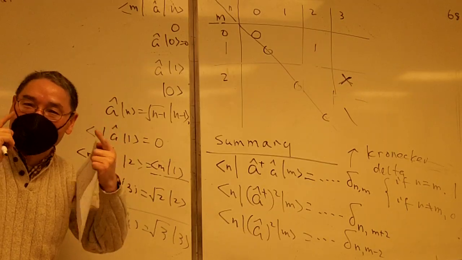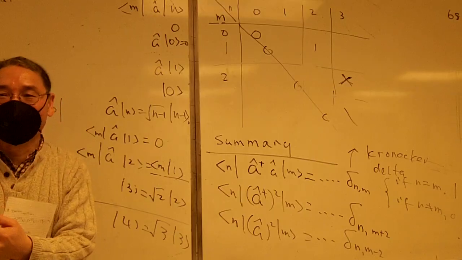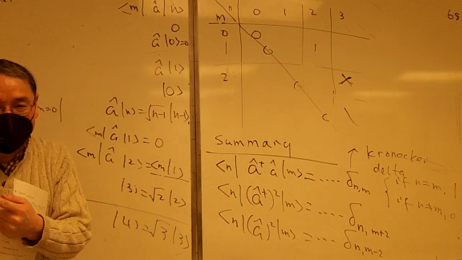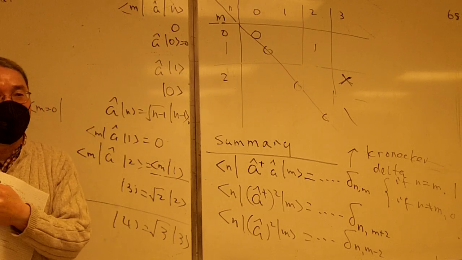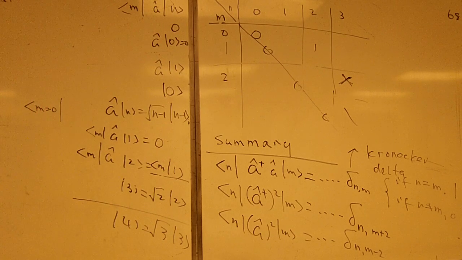A dagger a is good. A dagger, you need to convert to a dagger a. Whenever you see this, you can convert to this. Make sense? Then when you apply the eigenstate, it will pump out the n immediately without any worry. But if you do this, you need to convert them. If you already have this equation, you are perfectly fine.